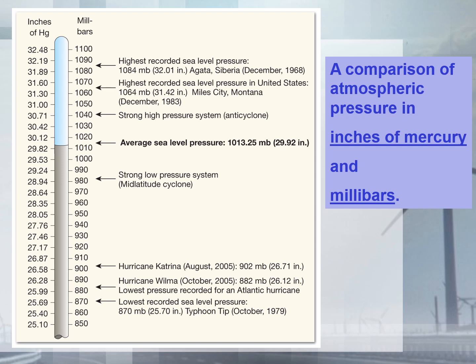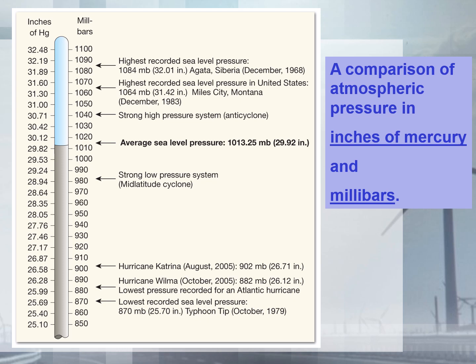So a strong mid-latitude cyclone, such as we have moving across the lower 48 states all the time, has lower air pressure. That makes sense. It's a low pressure system. Look at Hurricane Katrina. As horrible as Hurricane Katrina was, it wasn't the lowest pressure ever. Hurricane Wilma was lower. Those were in the same year, by the way.